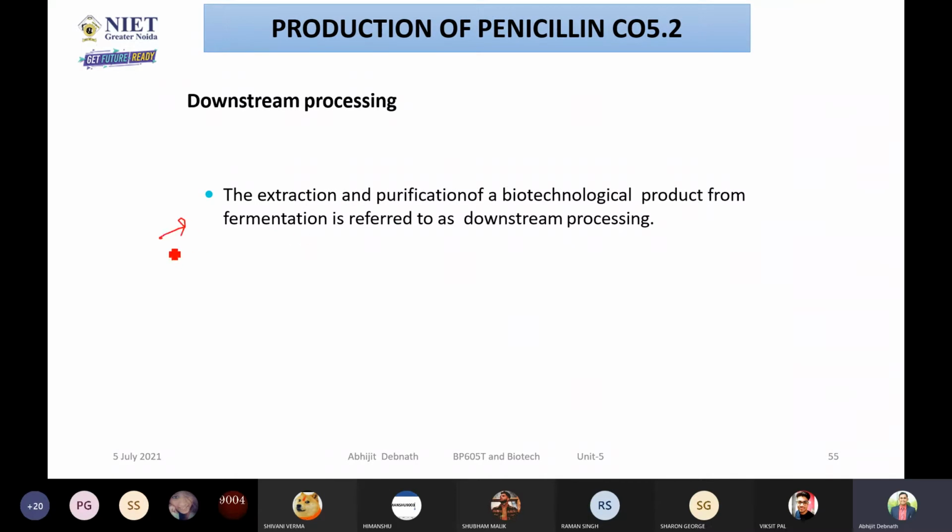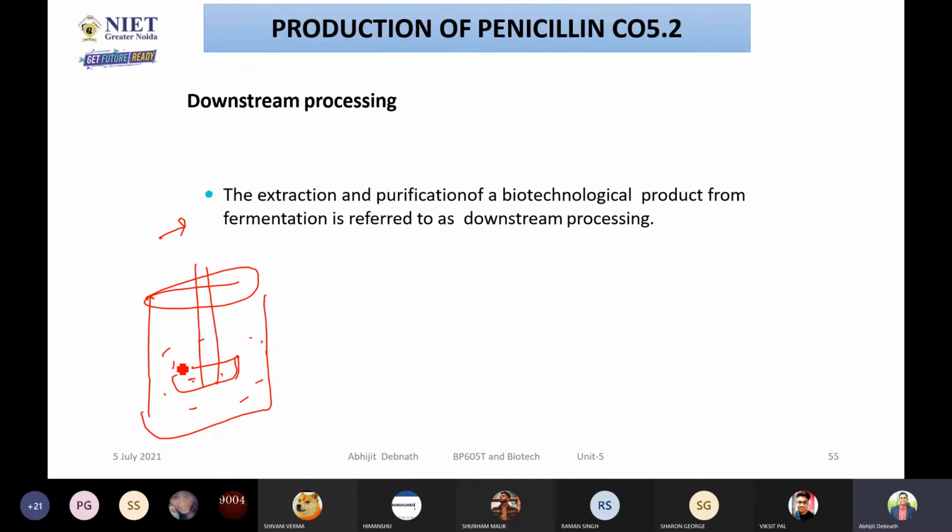Refer to the downstream. For example, you have a fermenter, and here you have the paddle and all the propellers, etc. So here, through the natural process, you have produced some fermented product. Penicillin you have prepared.